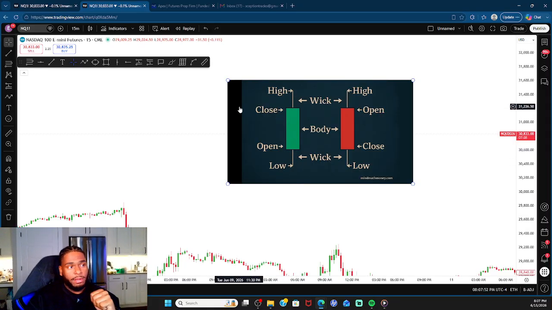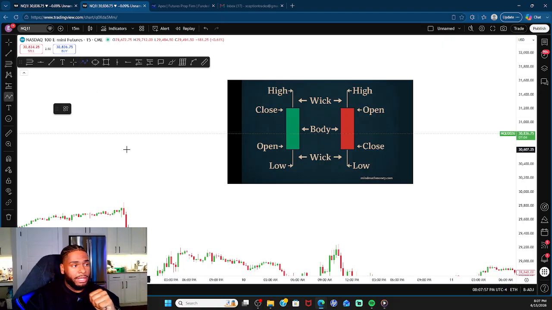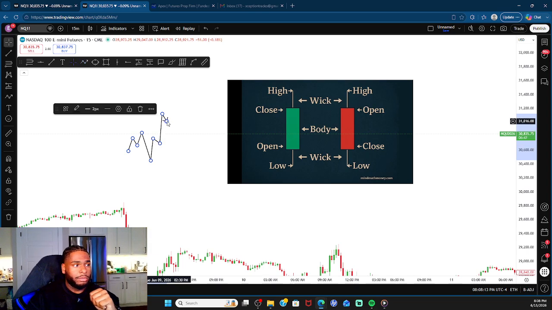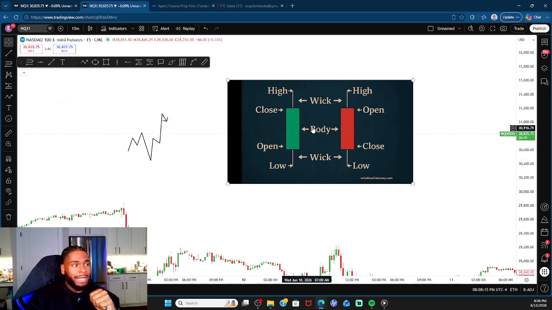So over time, for this candle, let's say it opened here. Price was moving, it probably wicked low at a certain point, kept coming, wicked high, and then closed here. That's what can happen inside of this candle, and this is what it will look like.